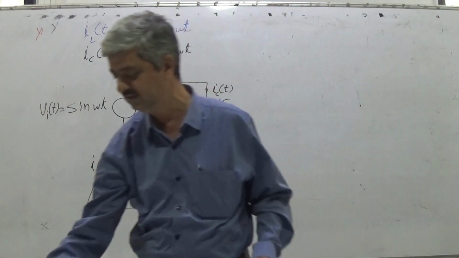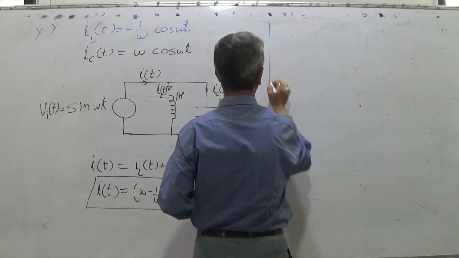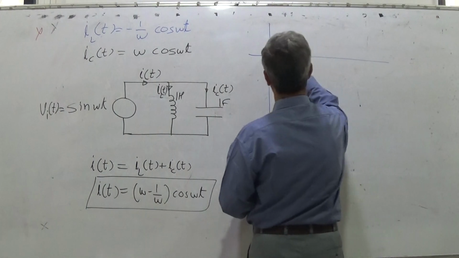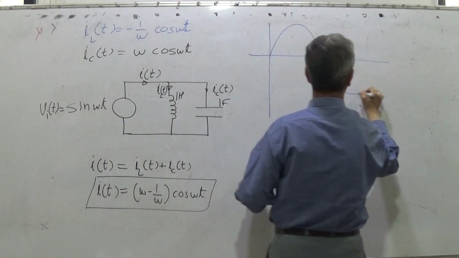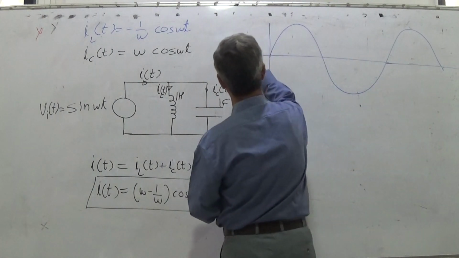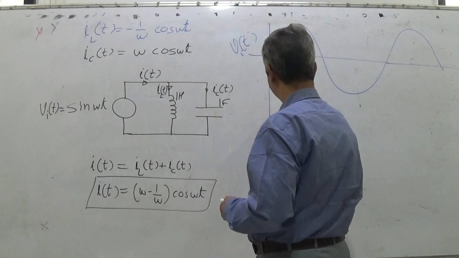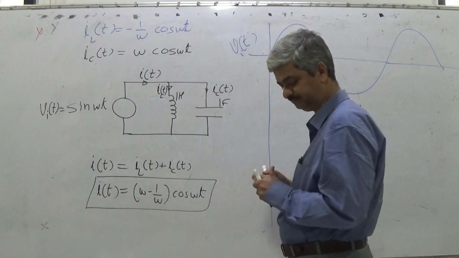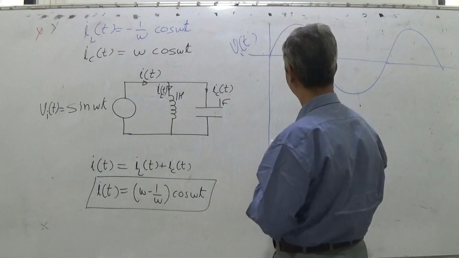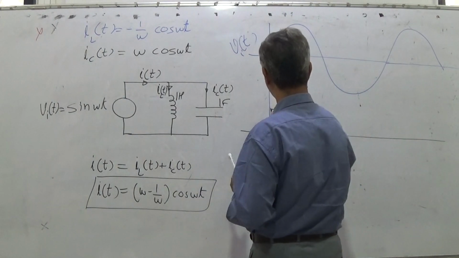If I plot it, it is V in T sine, then cosine.